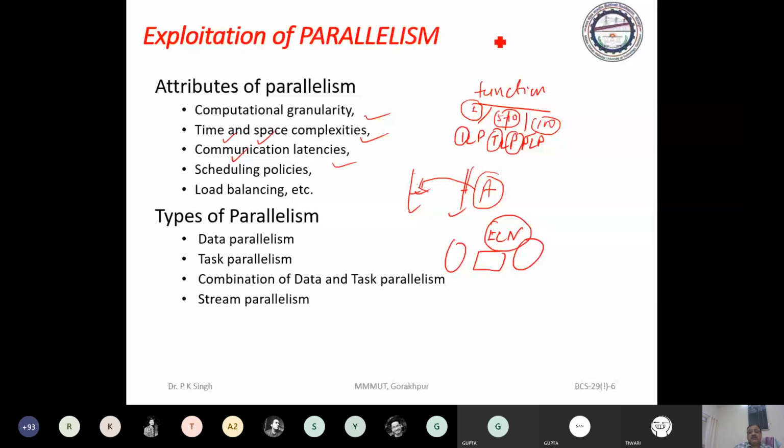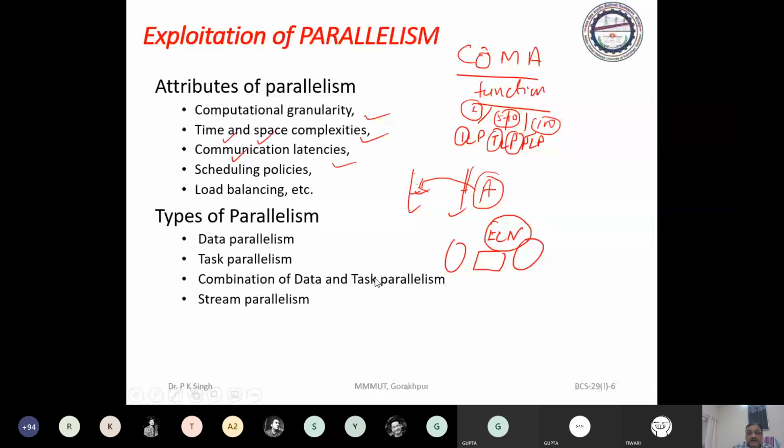Consider the COMA model, which we have discussed. We have different processing elements. In the COMA model, we have a processing element, local cache, and directory.